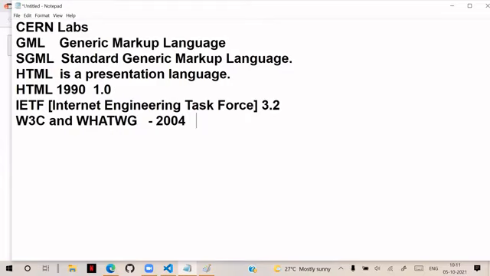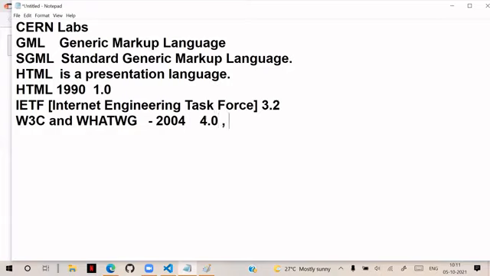For several years they started version 4, and we used this version almost up to 2014. That means more than 10 years, we used this HTML4.